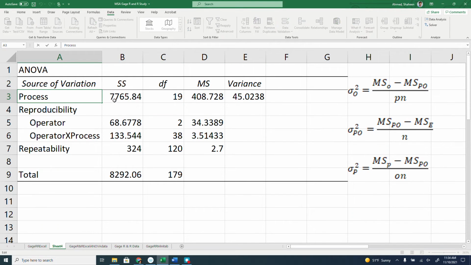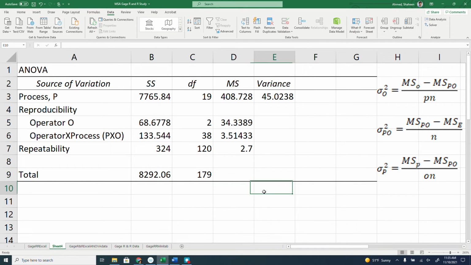For the sake of understanding, I'll write here P, this is O, and then I'll write this P times O. I think that should be enough.